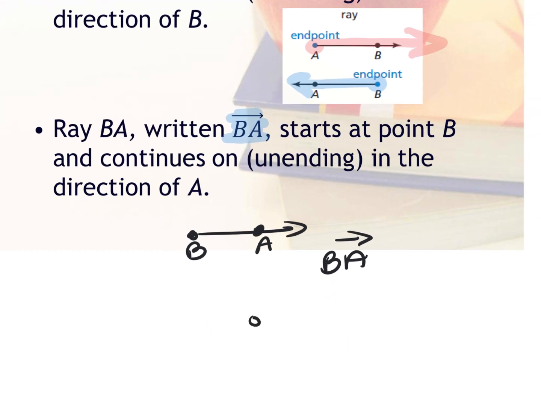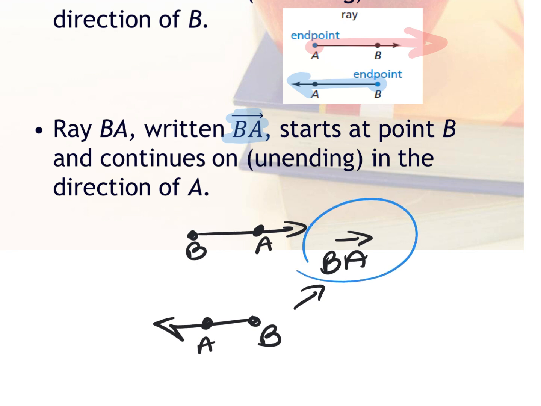Or even if it were like it showed in the picture, B here, and then the A, it's still named this way. You don't change the direction of the arrow when you name it. Order matters here. So where the closed circle is, that's your first letter. And then the letter that's closer to the arrow is the second letter. So order matters here when naming rays.